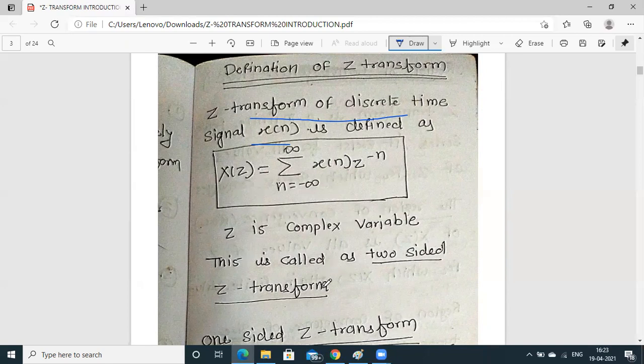This is called the two-sided Z transform, as it is defined from minus infinity to infinity. So it is defined for both sides, for causal and anti-causal side.